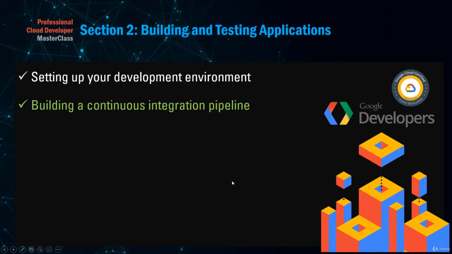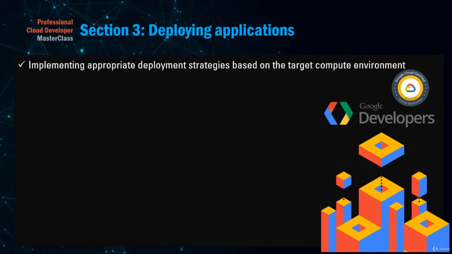Building and testing applications: setting up your development environment, building continuous integration pipelines, testing, and writing the code. Deploying your application means once you have written the code, then you want to deploy it somewhere, right? And that is your computing environment.